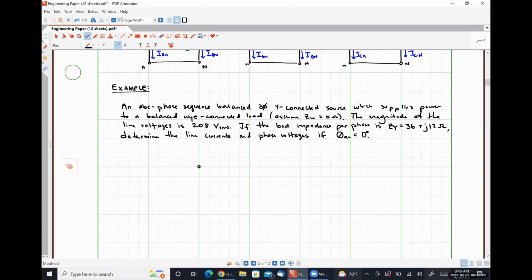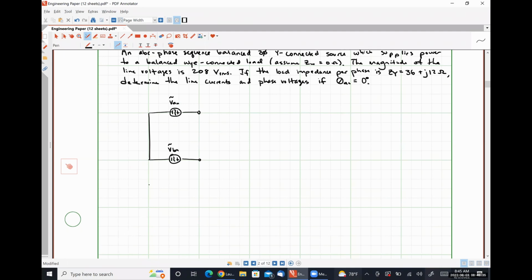We're told that we have a YY system because our source is Y connected and our load is Y connected. So here we have our voltage VAN. Here's our voltage VBN. Here is our voltage. Oops. Need to actually draw the voltage source. VCN.